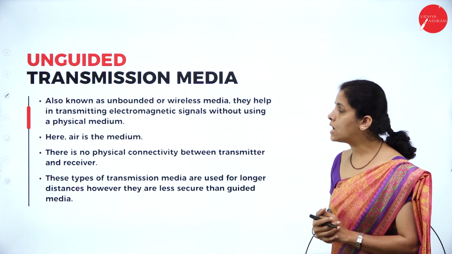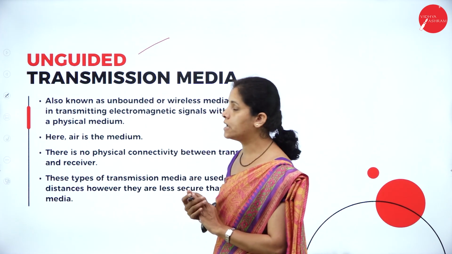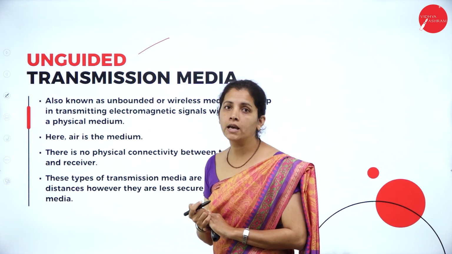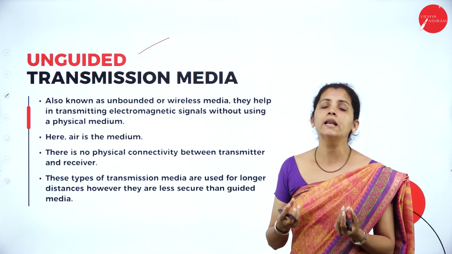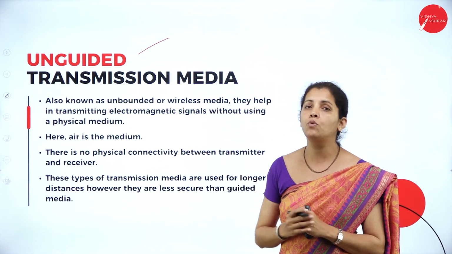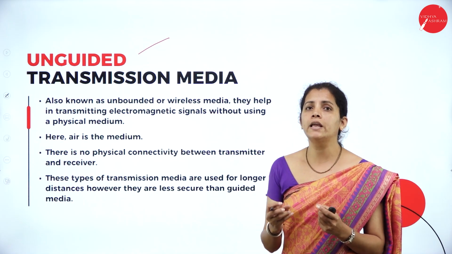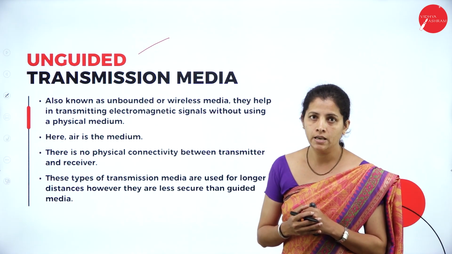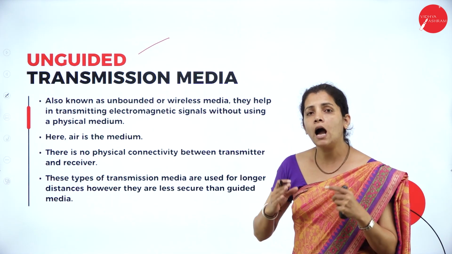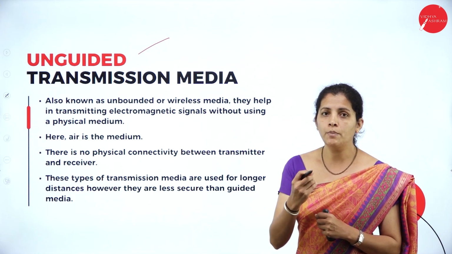So, what is unguided media? It's also called unbounded or wireless media. Wireless in the sense what? Suppose sender and receiver want to communicate, then we do not require any physical connectivity. In the sense what? I do not require any wire. Then how are these two parties going to communicate?